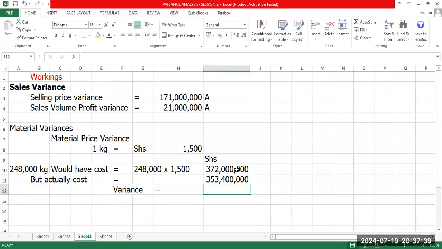Yes, colleagues? This is the budgeted. This is the actual. So you planned to incur this, but you actually incurred this. Is it favorable to you? Favorable. It is favorable because the actual cost is less than the budgeted.